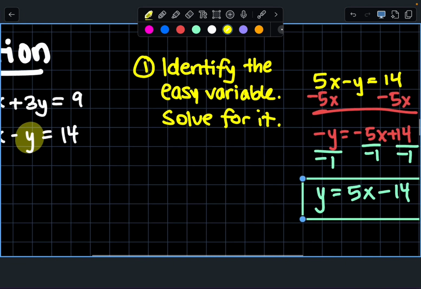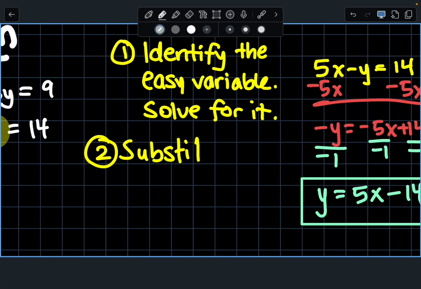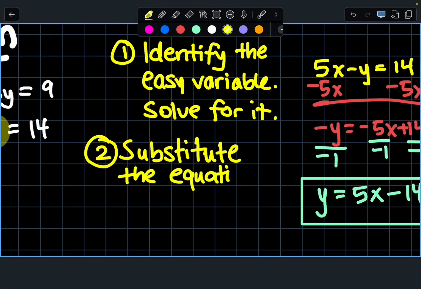Your second step will be to substitute the equation into the other equation.